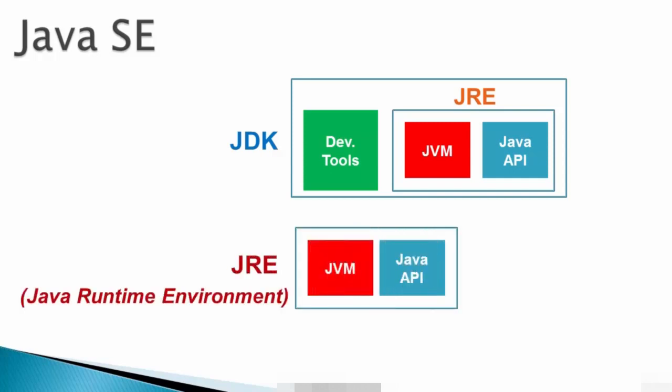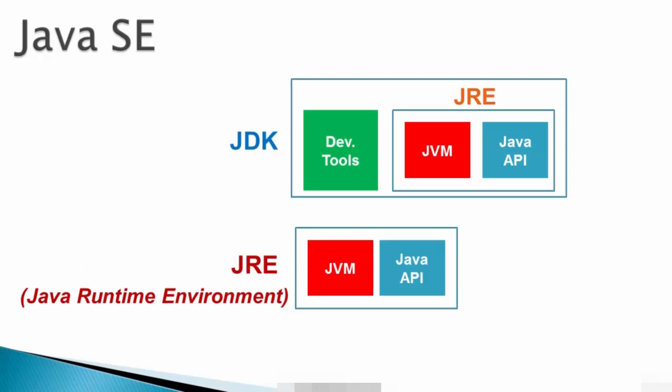Oracle used to offer such a JRE separately from JDK, although JDK includes a JRE. That's because JRE, as its name Java Runtime Environment suggests, is essentially a runtime environment. That is, it is an environment used to only run Java applications. So you cannot develop Java applications using JRE.